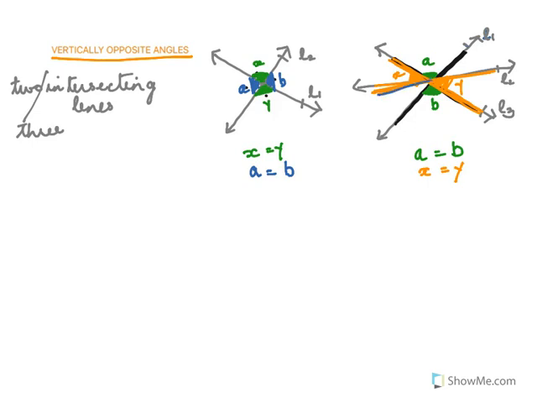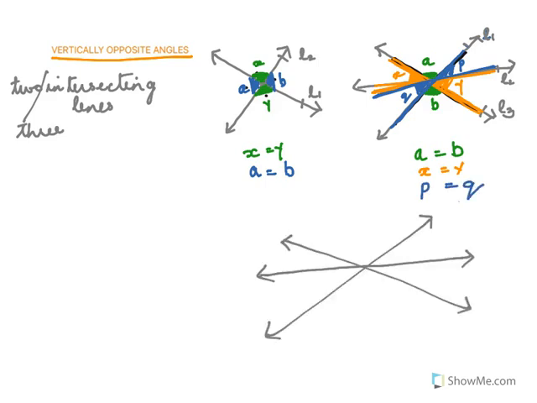When L2 and L1 intersect, I will get these, so I will mark this as P and Q. So here P and Q are also vertically opposite angles. So P equals Q.